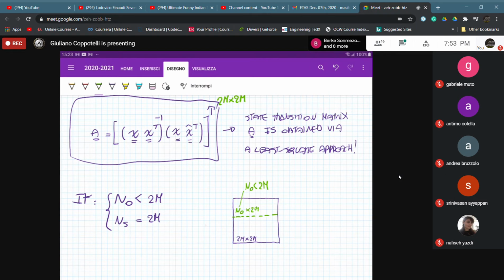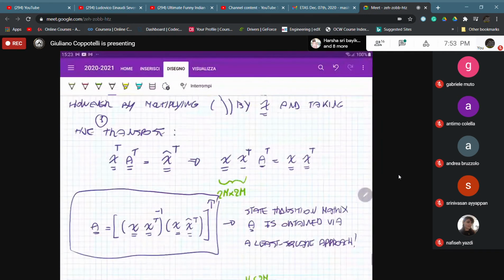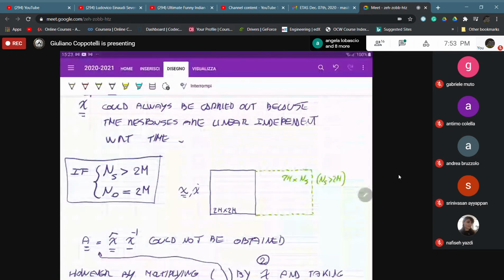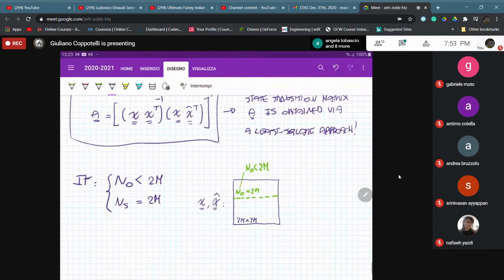These are the shapes, of course, so chi and hat chi matrices are of that shape. Okay, what's happening here?